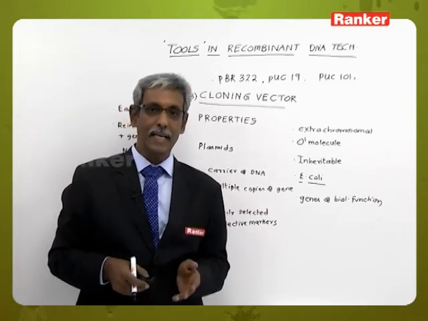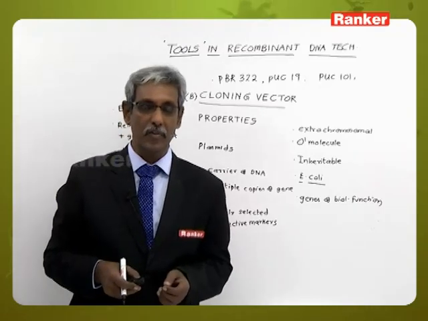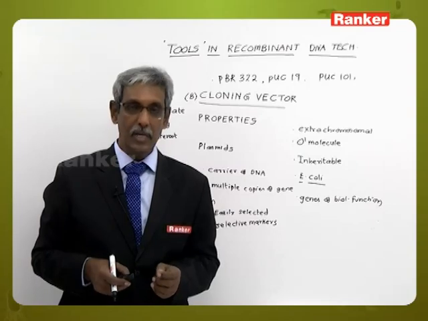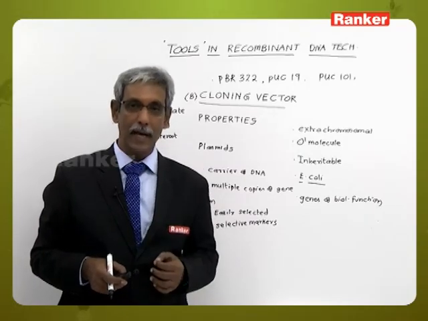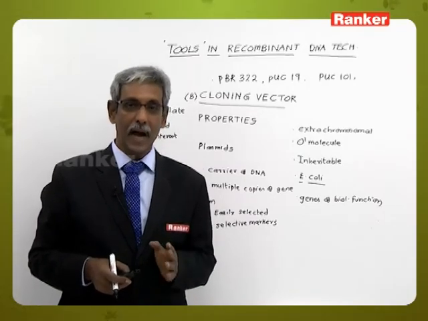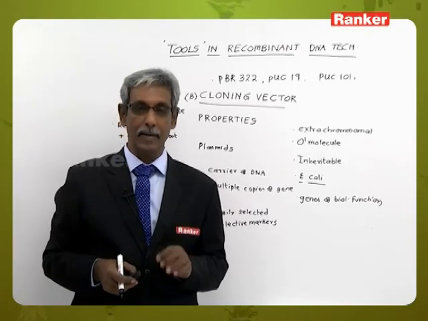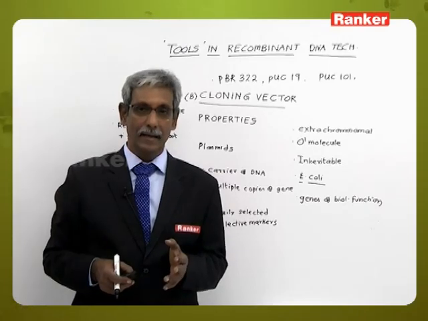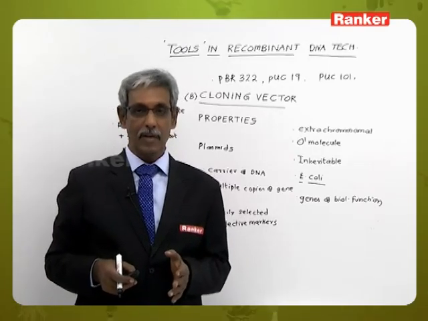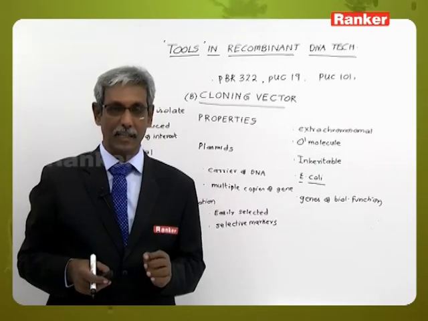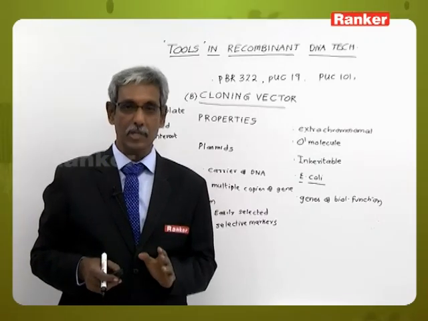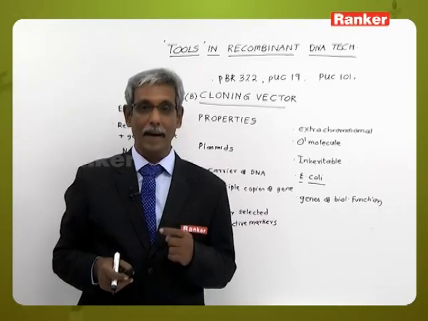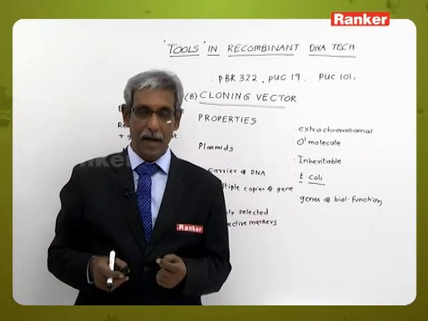Now, once the DNA is cleaved and the gene of interest is isolated, the gene of interest needs to be put into another molecule, and it should be transferred from one bacteria to another bacteria. And that's one of the places where we use a vector. A vector is the term used for a DNA which moves from one bacteria to another bacteria.